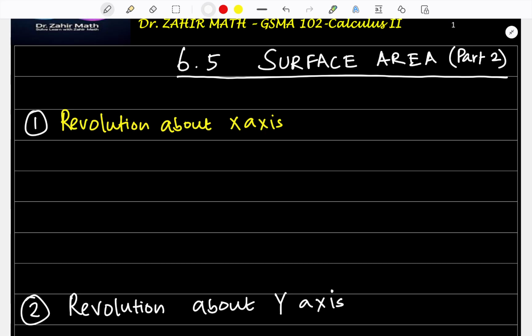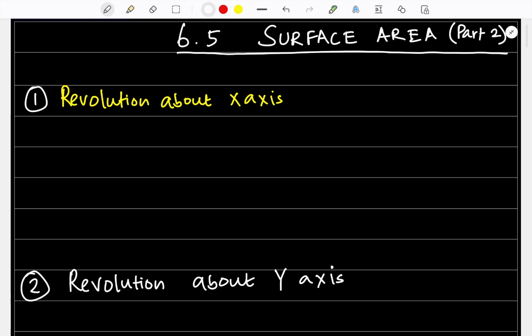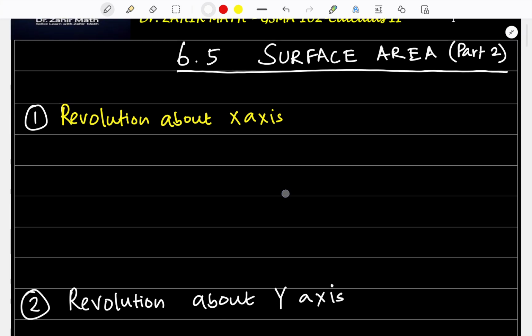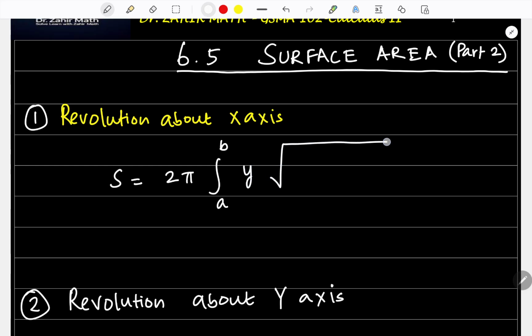6.5 surface area. Before going to the question, let me give you the formula. There are two formulas. You're going to calculate the surface area with respect to the x-axis, that means you're going to revolve around the x-axis. In this situation, the formula is S equals 2 pi integral a to b of y times square root of 1 plus (dy/dx) the whole square, dx.